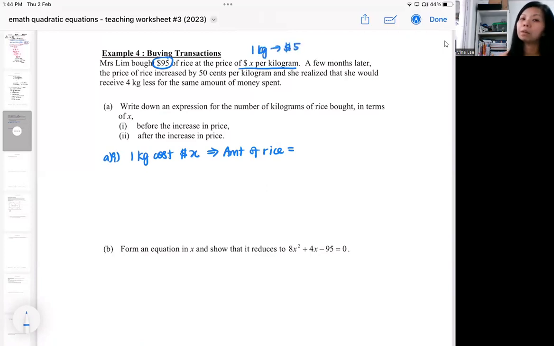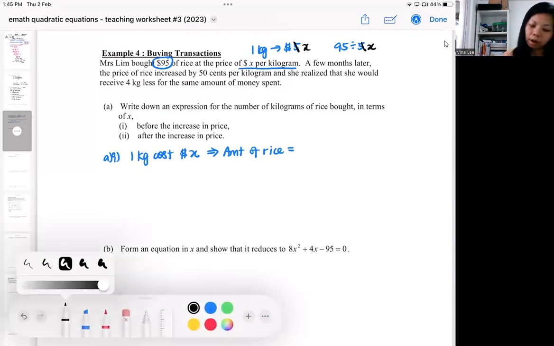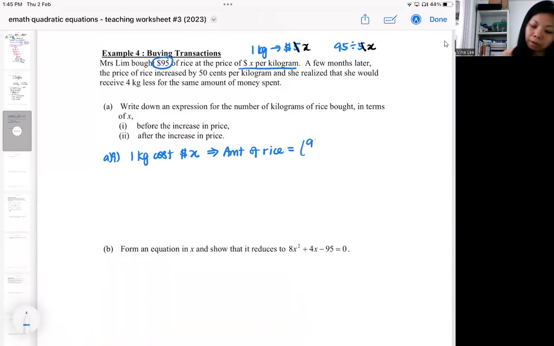Then you can get the amount of rice from 95 divided by 5. Then you change back the X, and the amount of rice that you can buy will be 95 over X kg. So you always can change out the X to help you with your thinking.